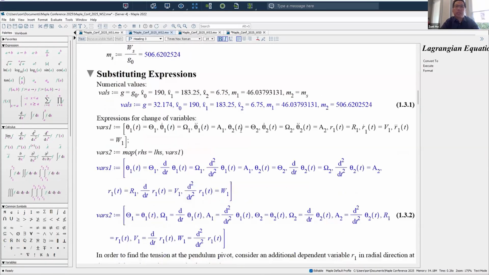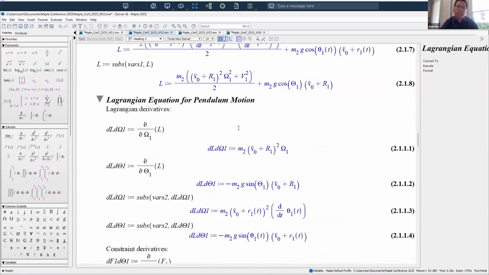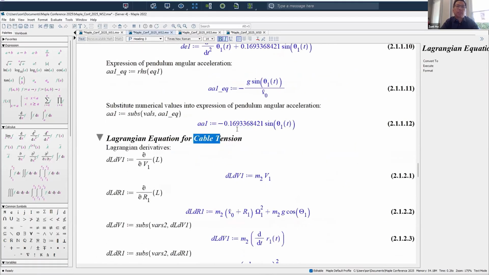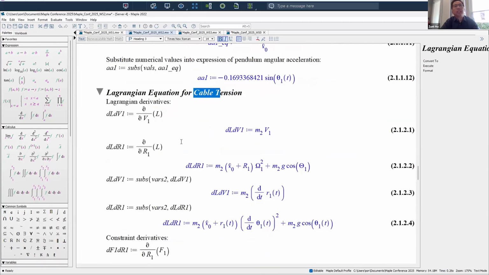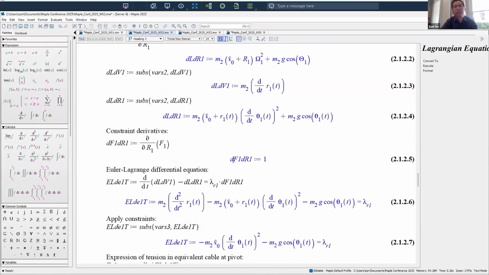So in order to recover that, because it's important for design and engineering of the system, I add another degree of freedom right at the pivot point and write another equation for that.